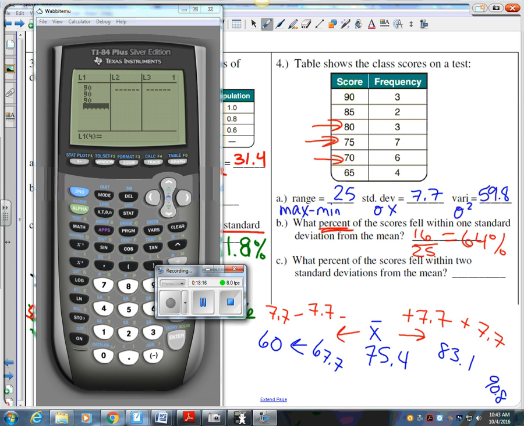Okay. All right. So now we're looking at from 60 to 90.8. Anthony, which one of these scores fall between 60 and 90.8? All of them. So make it really easy on yourself. What percent is all? 100%. Okay.